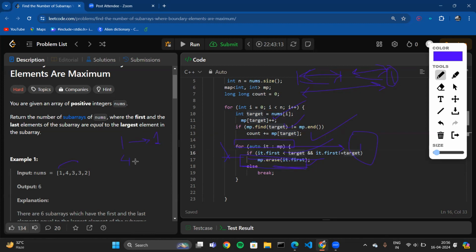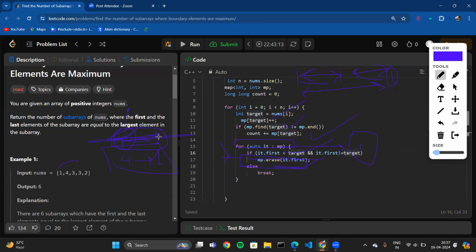Now I went to 4. I increased its counter by 1, because 4 itself has to be included. And then I went back looking for smaller entries, because those smaller entries can now never be my answer. Now 1, because 4 is there in between, after 1, so 1 can never be my answer.